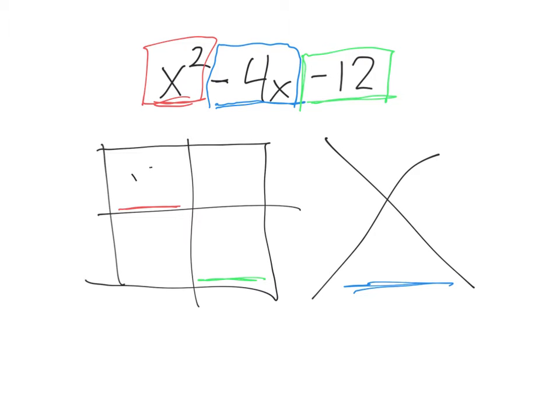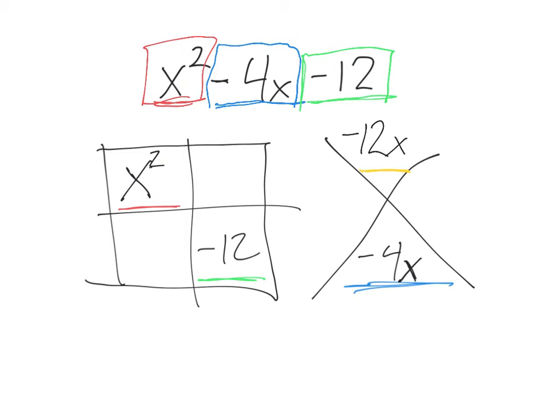Okay, and so I do x squared and then negative, and then I put my negative 12 because that's my constant. And then my linear term goes here, which is negative 4x. Now, on the top here, I do my quadratic term multiplied by my constant.